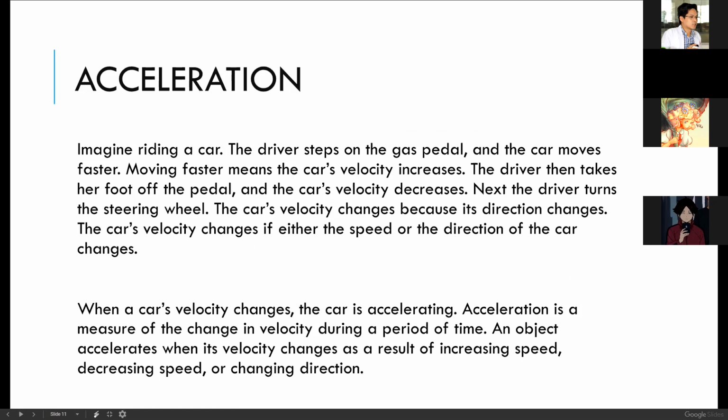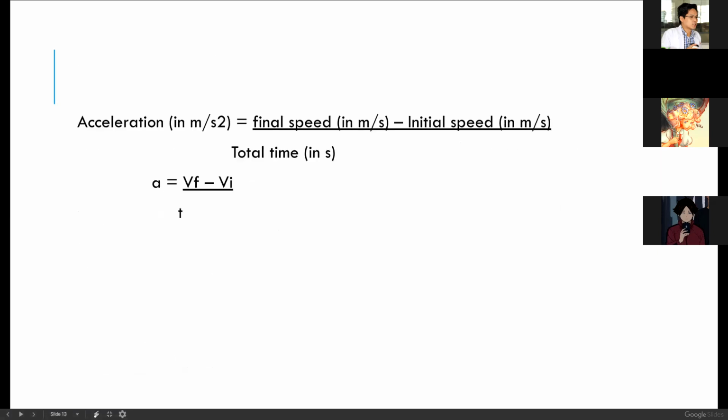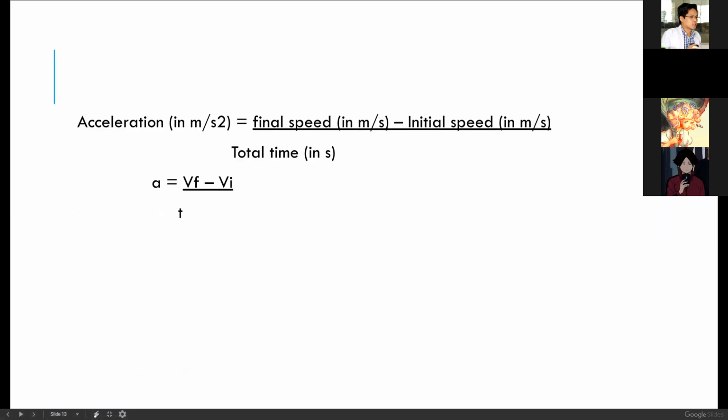Acceleration is a measure of change in velocity during a period of time. The formula is acceleration equals final velocity minus initial velocity over time, Vf minus Vi over t.